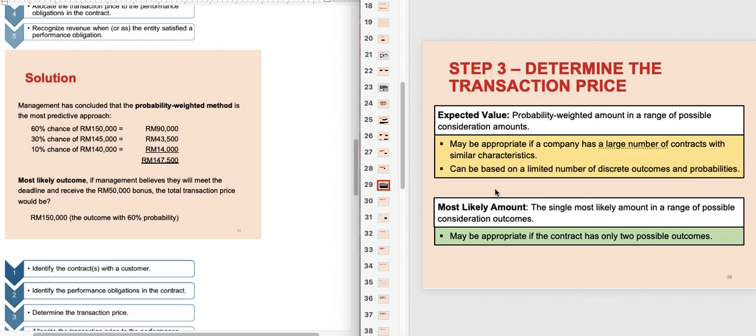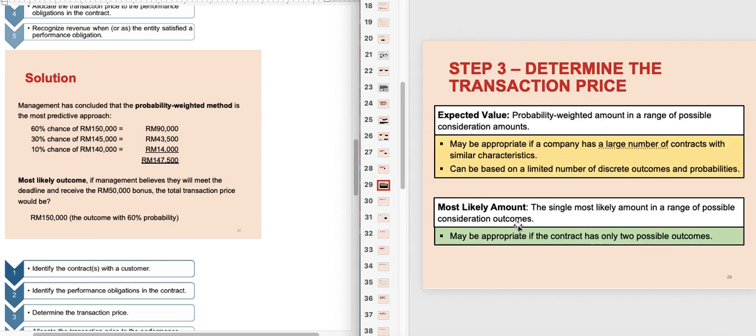Now, how does the company determine the transaction price to include the variable factors? Okay, so there are two ways: based on the expected value and the most likely amount. If let's say there are more than two possibilities of getting the consideration, then the company should apply the probability weighted amount to identify the transaction price.